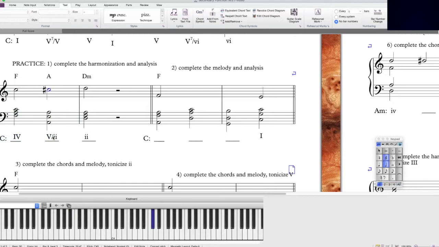And remember how I notate this in the Roman numerals. You start with the note under the slash, right? So this 2 chord, because that's where this chord resolves. That's the most important thing.